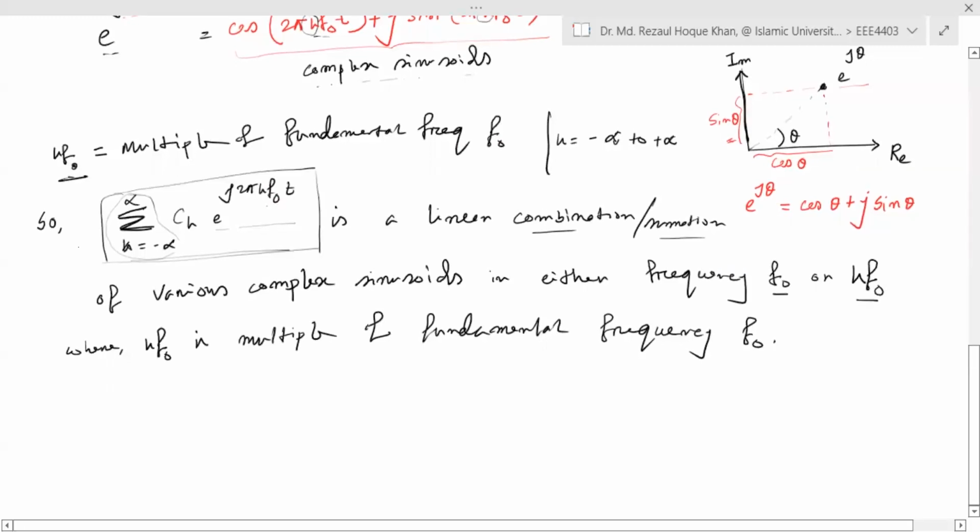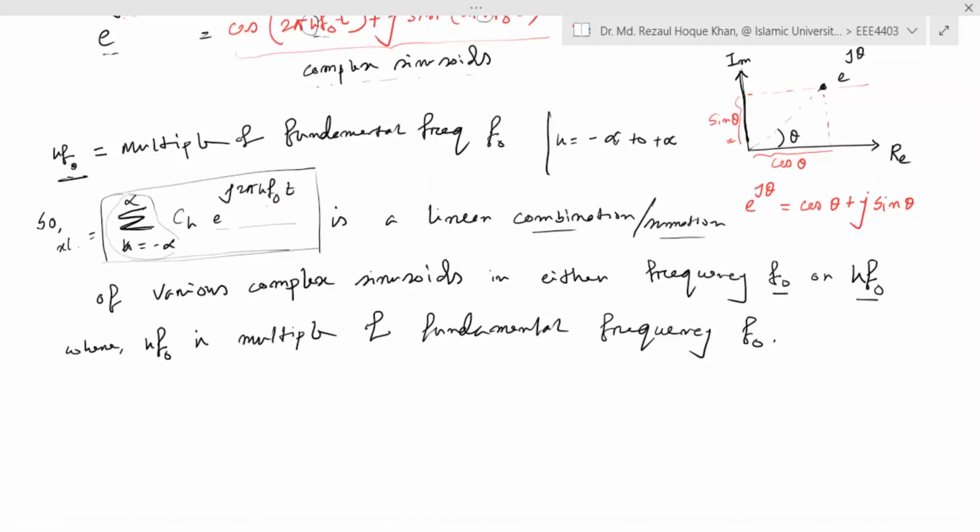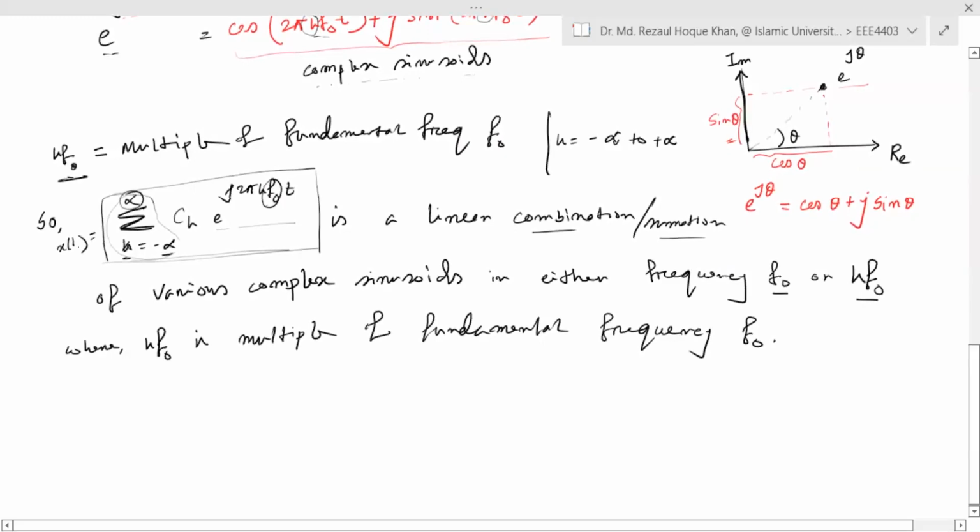Every periodic signal x(t) with fundamental f0 is a linear combination of an infinite number of complex sinusoids, because k goes from minus infinity to plus infinity, at fundamental frequency f0 or kf0 or its integer multiples.